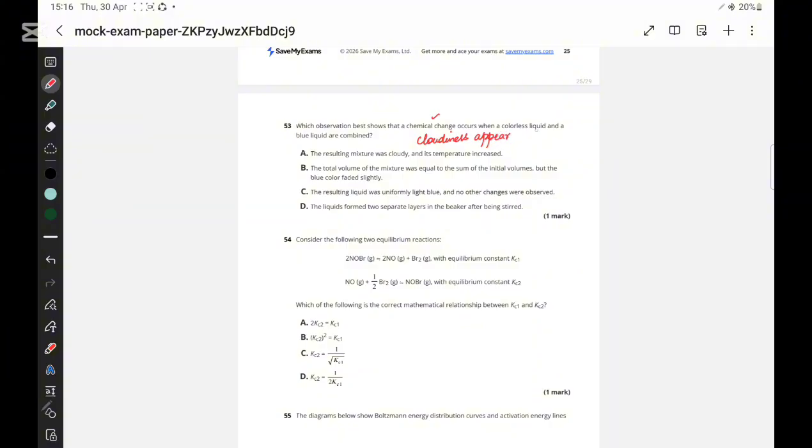That shows a new product is formed and a chemical reaction has taken place. And also, if there is a temperature increase, that indicates that the reaction is exothermic.